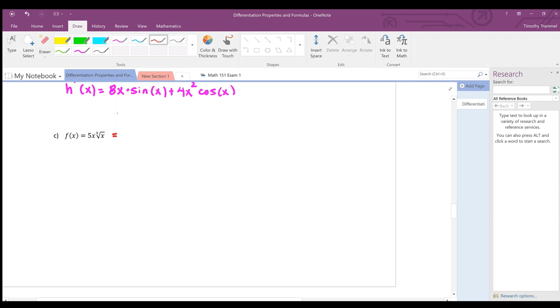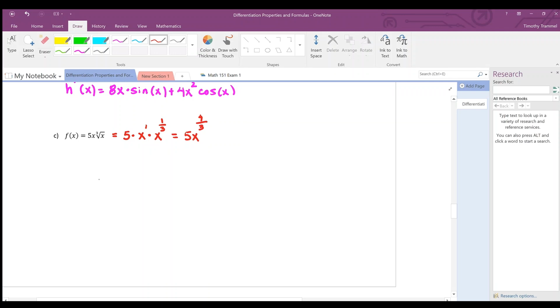I can take this and rewrite it a little bit, so I can have 5 times x to the 1/3. I could add the exponents on the x's, so it gives me 5x to the 4/3. Now I have something that I can just use the product rule on, or not the product rule, I can use the power rule on.